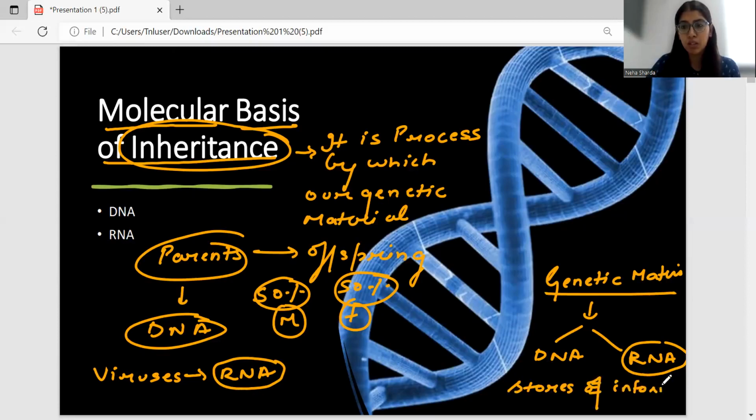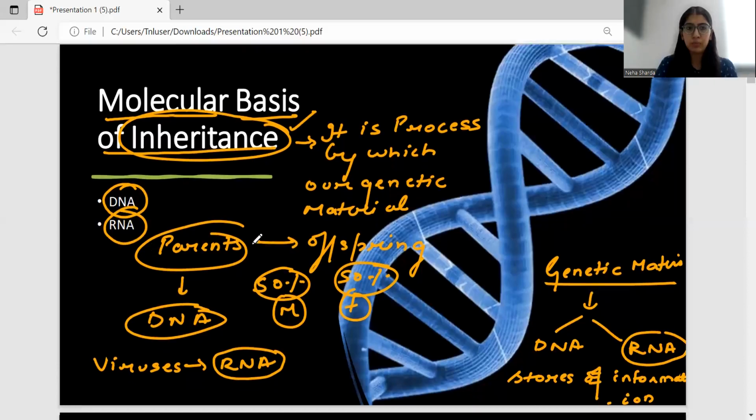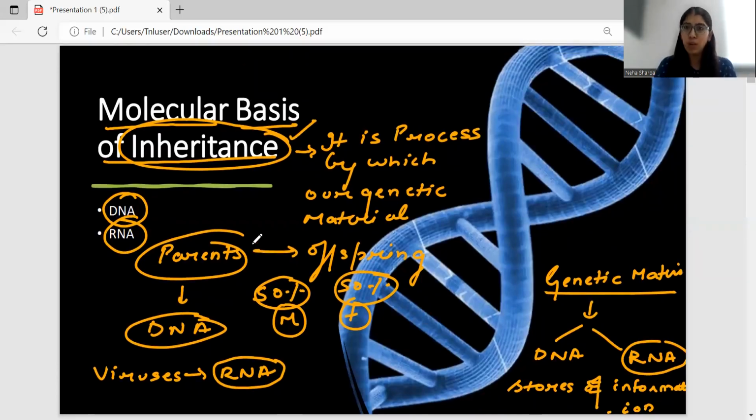In this chapter, we will learn the structure of DNA at molecular level. The name suggests that we will learn the structure of DNA and RNA, how DNA is our genetic material, how it gives information, why DNA is our genetic material, how it transfers, and why only DNA, not protein or RNA.